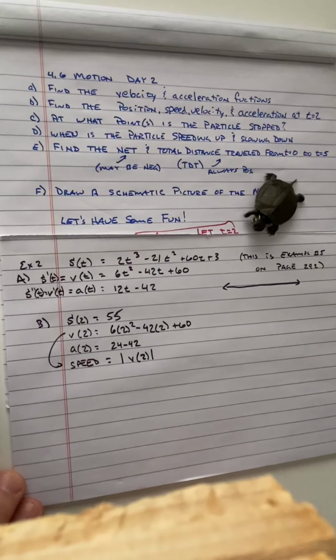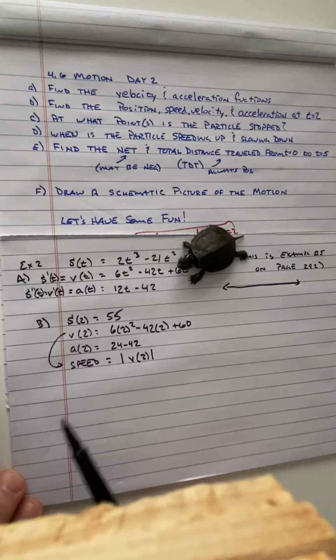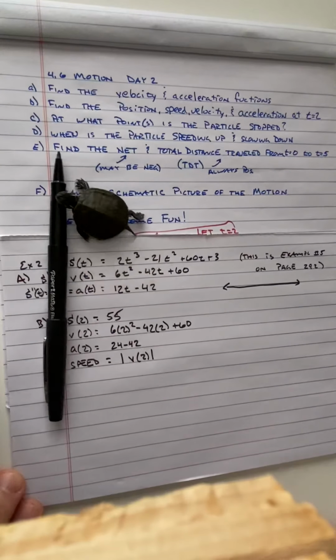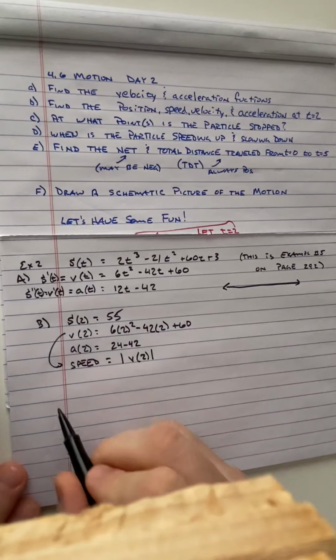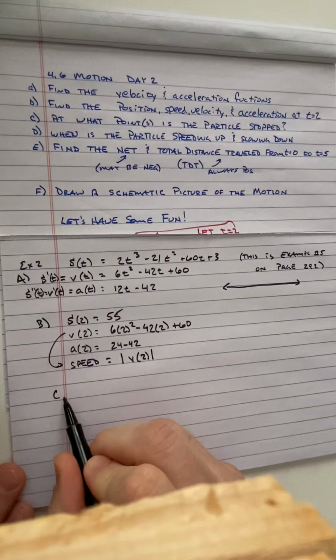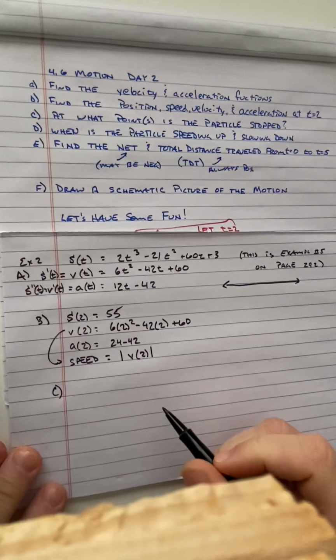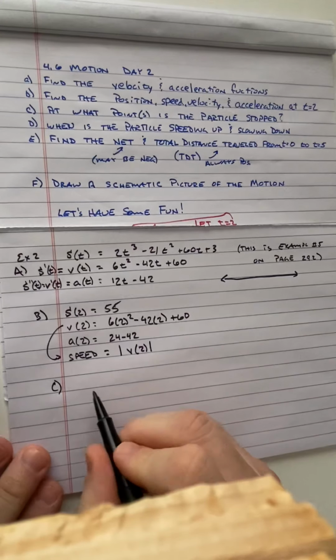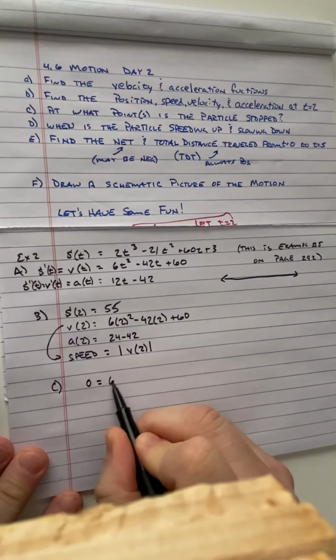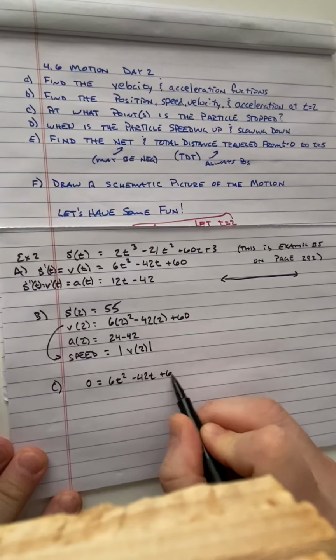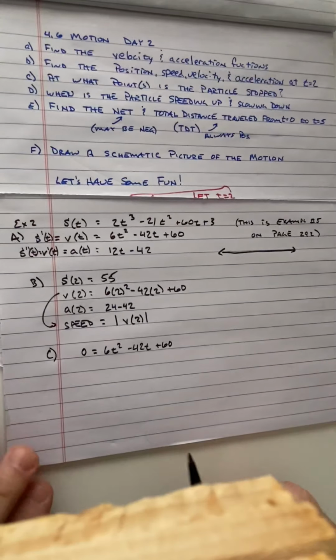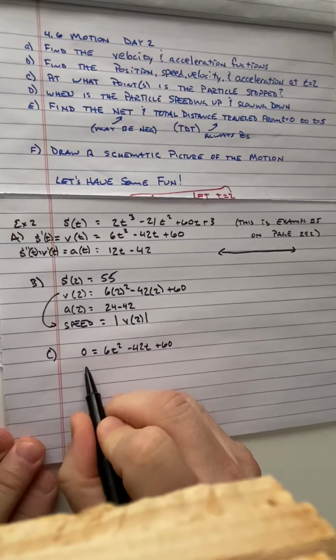Part C, at what point is the particle stopped? The particle is stopped when the velocity equals 0. So for part C, we're going to set the velocity equation equal to 0. I hope it makes sense that when the particle is stopped, the velocity should be 0.